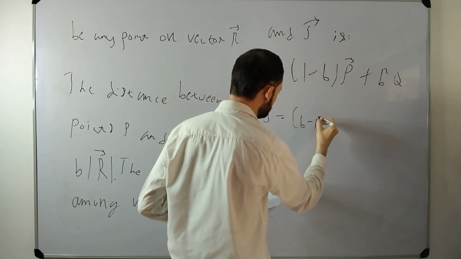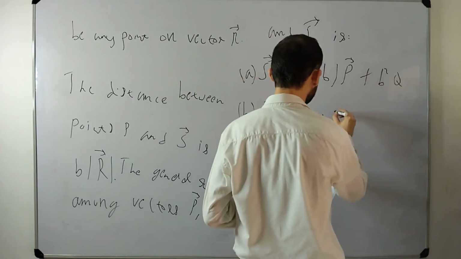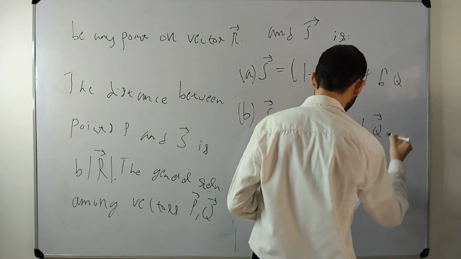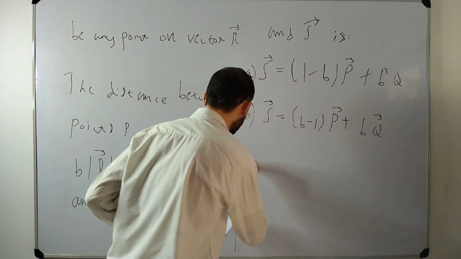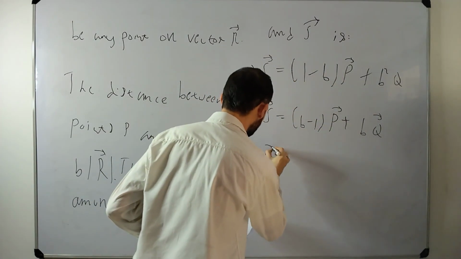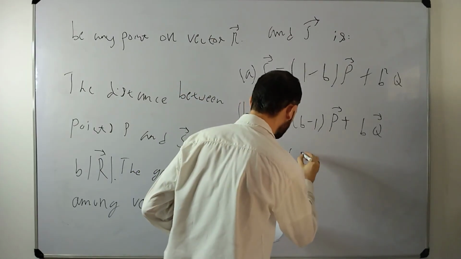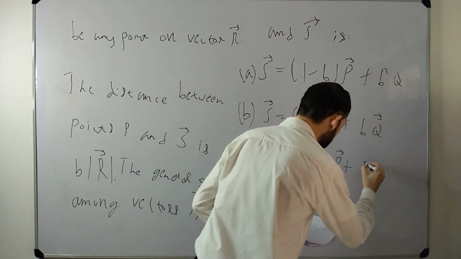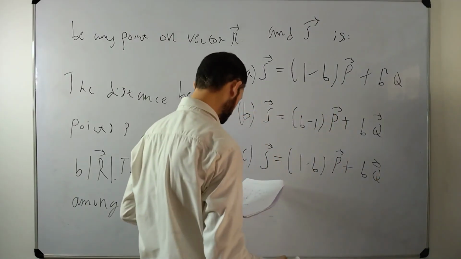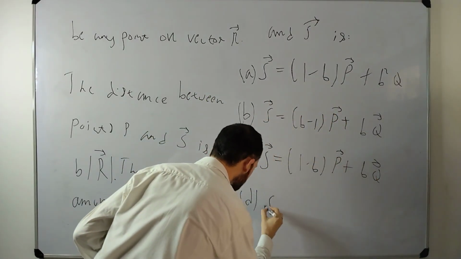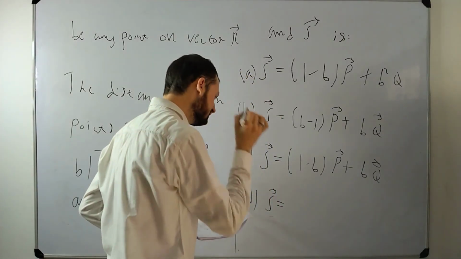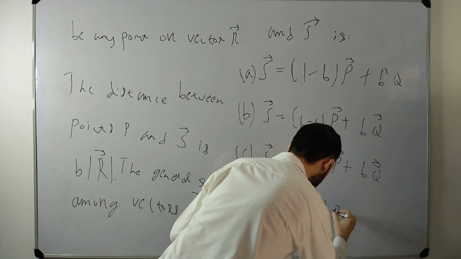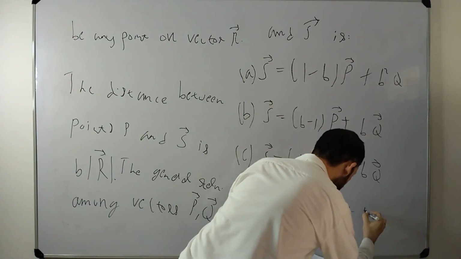B minus 1 P, and this is BQ. This is option C, S vector, and this is 1 minus B P, this is BQ. And this is option D, S vector, 1 minus B square P vector, and this is BQ.